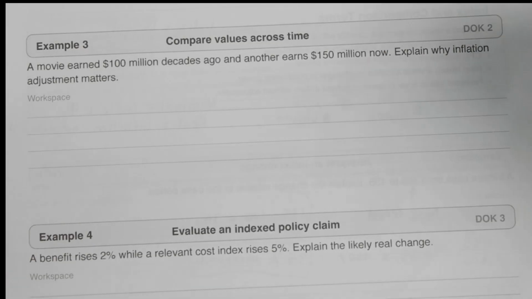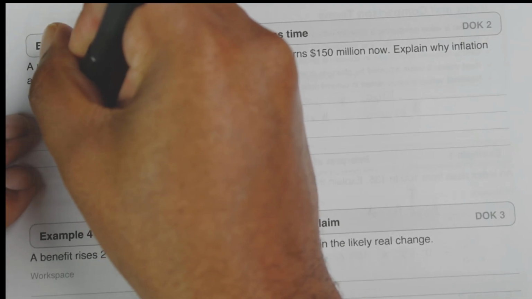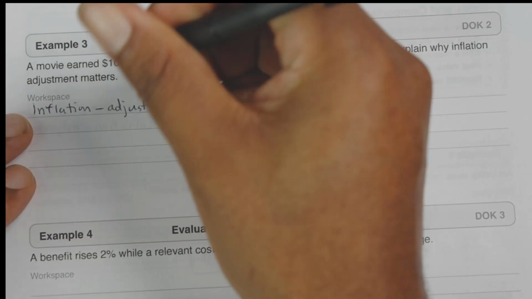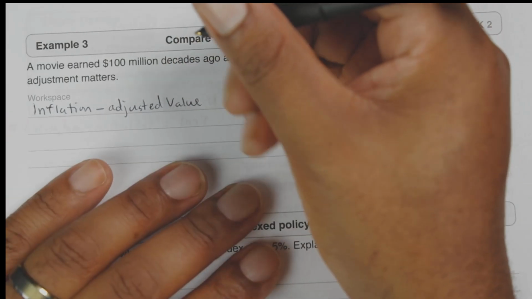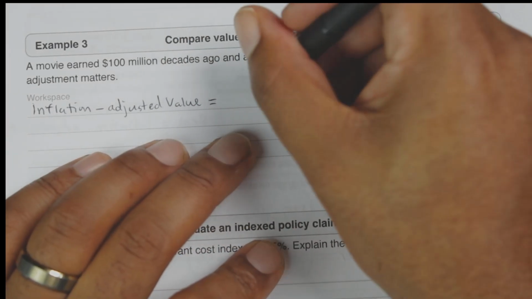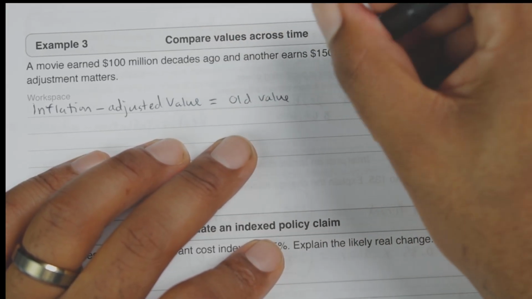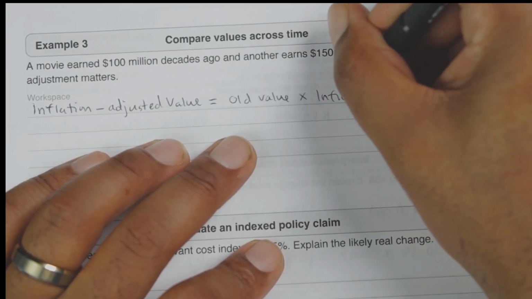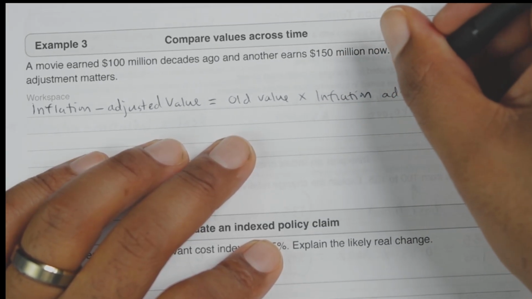So when we take inflation into consideration, we have to say the inflation-adjusted value would give us the old value, and then we would multiply that by the inflation adjustment factor.